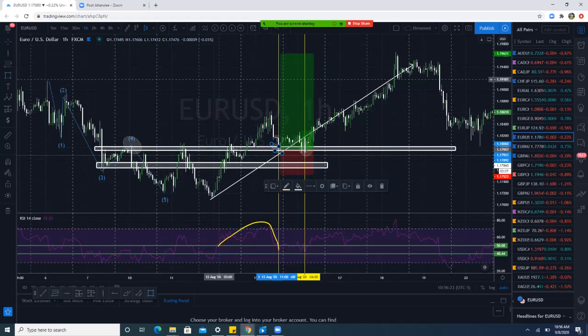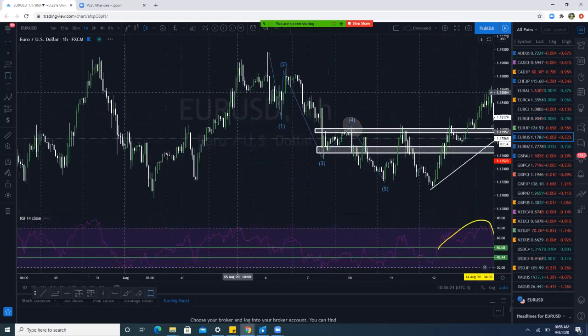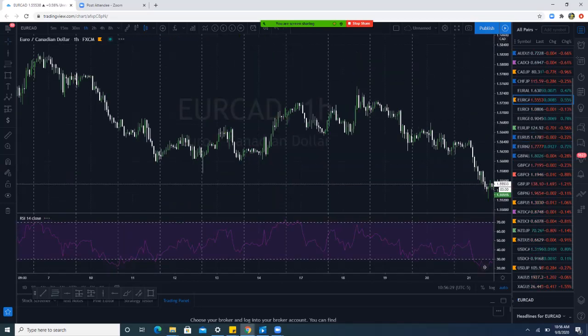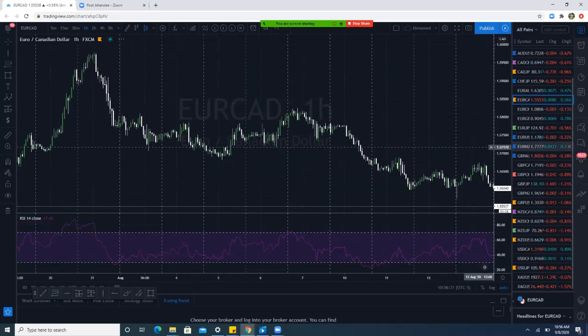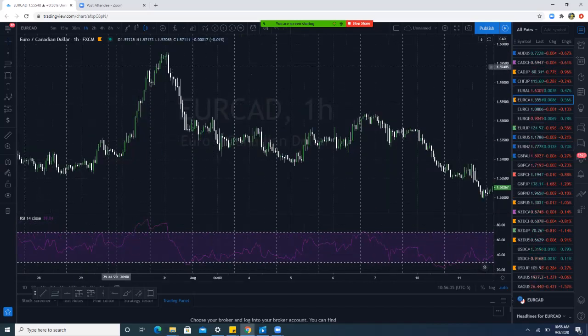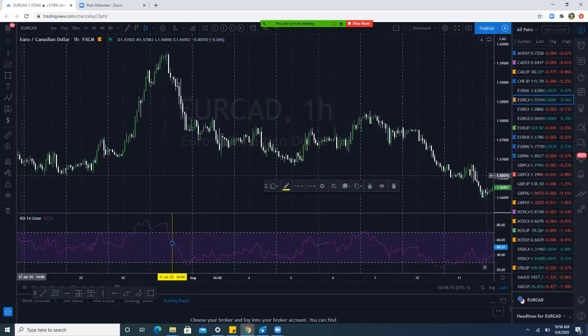Let's look at a downtrend example. So price, let's look for a downtrend. Let's even look at a different pair. Here's a good downtrend right there. So in a downtrend, I'm looking for the 50-60 area.